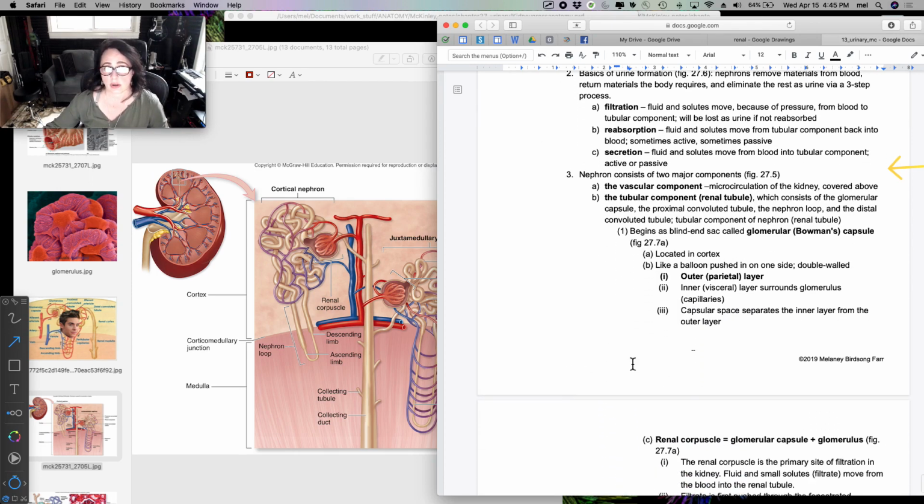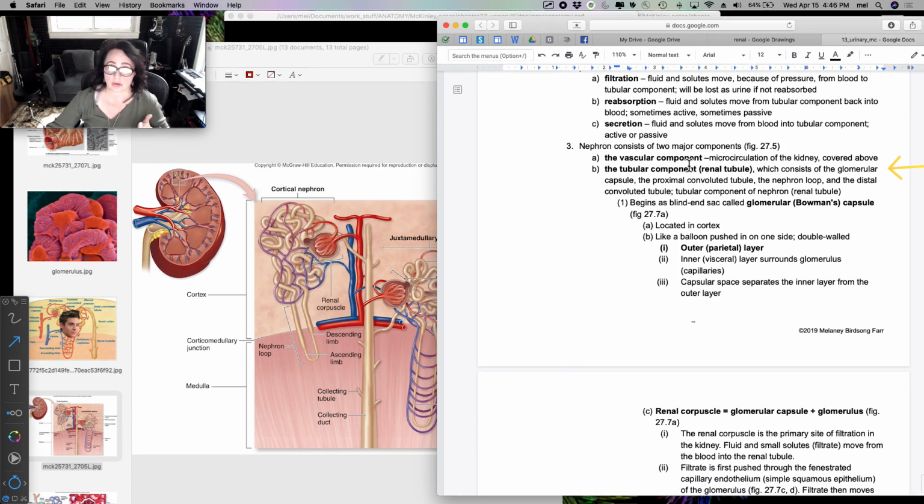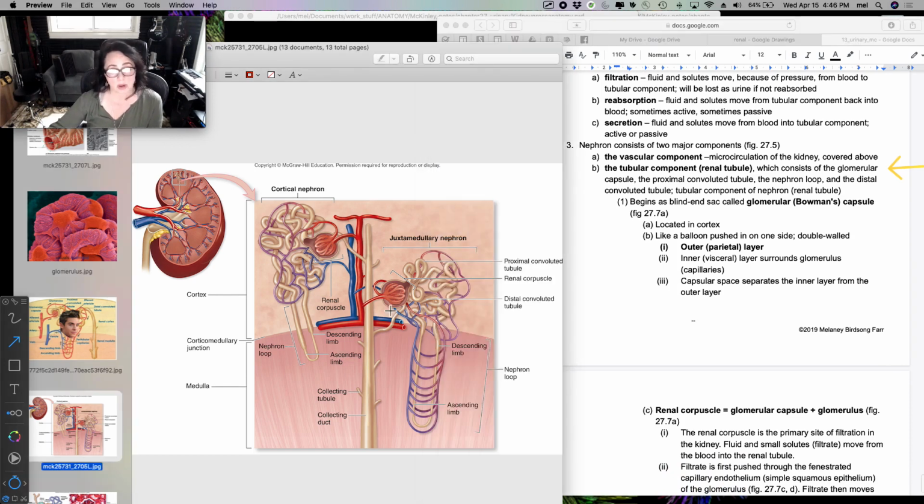So now let's go back to the nephron. The nephron consists of 2 major components. We already went through the first component of the nephron, which was the vascular component, meaning the blood tubes.